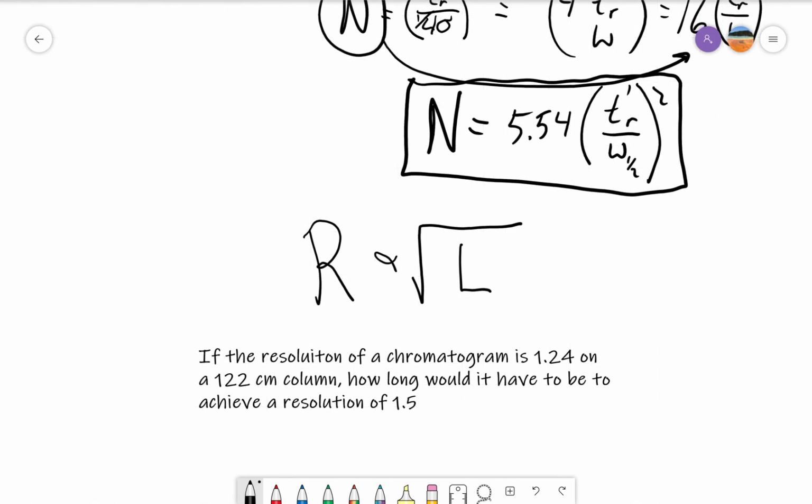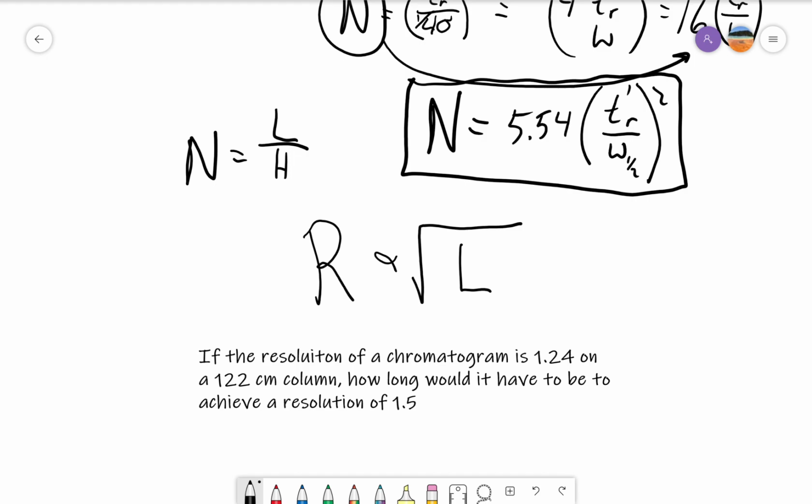The number of equilibria is dependent upon the length of the column divided by how long an area each equilibria is occurring over.